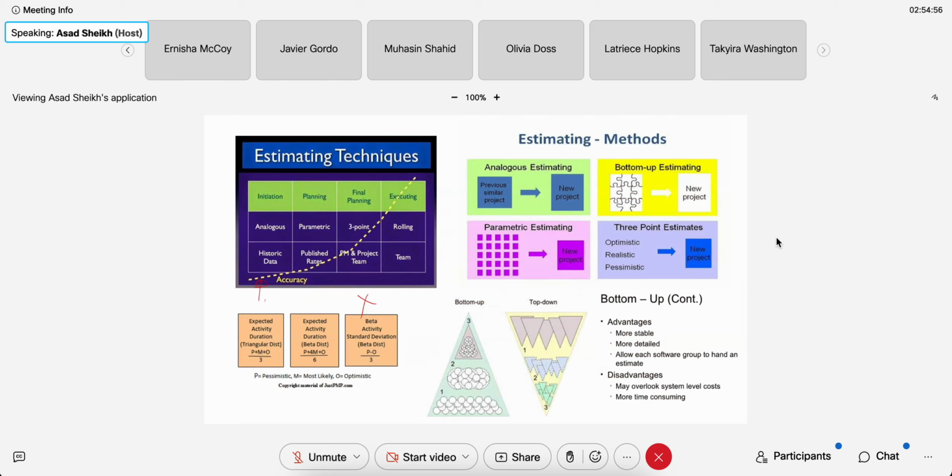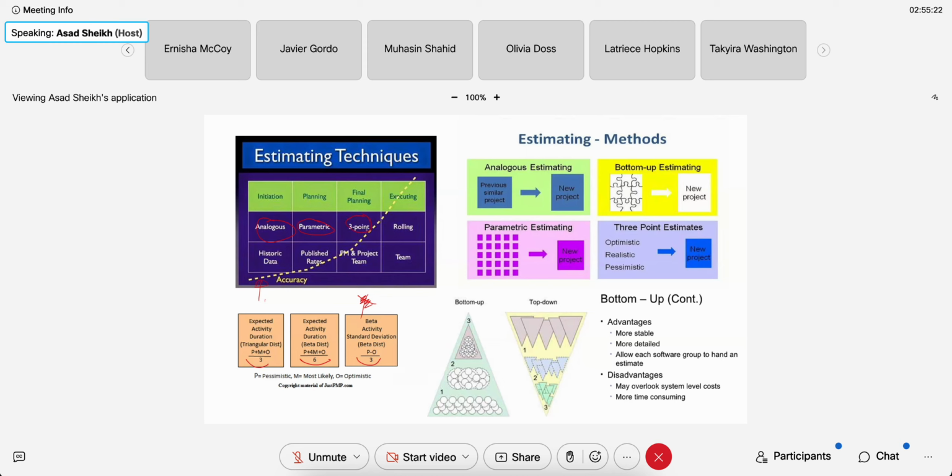And this is just another visual of what I was talking about. This was the beta distribution, we looked at that, and looked at the triangular one, which is this one, and standard deviation, which is this one. And so this was your initiation, you do the top-down analogous, planning, you do parametric, and final, you do 3-point.